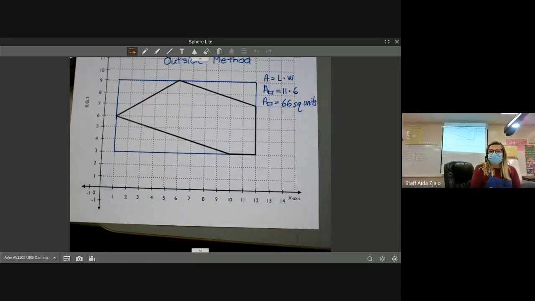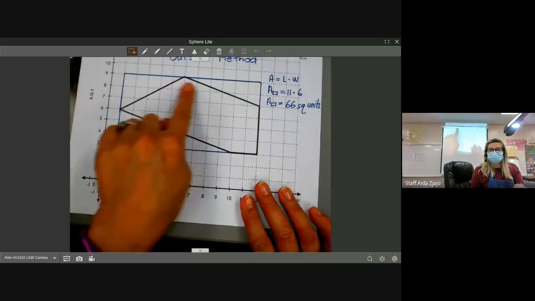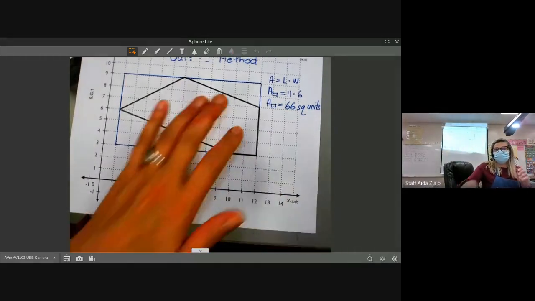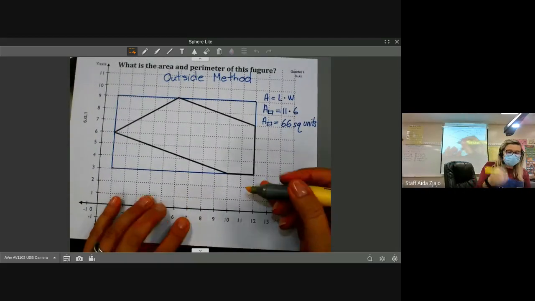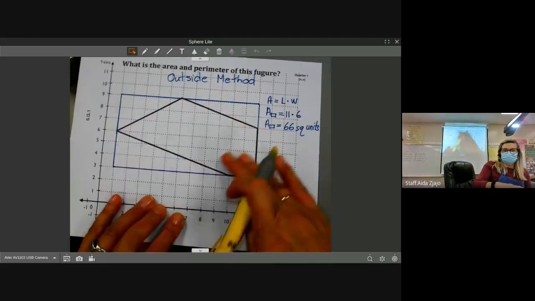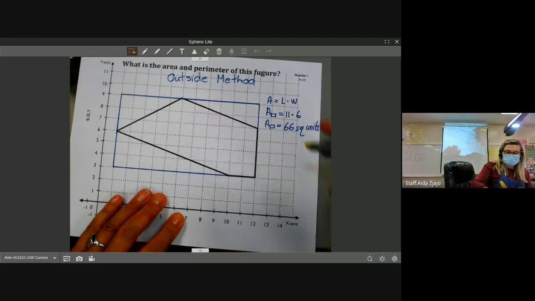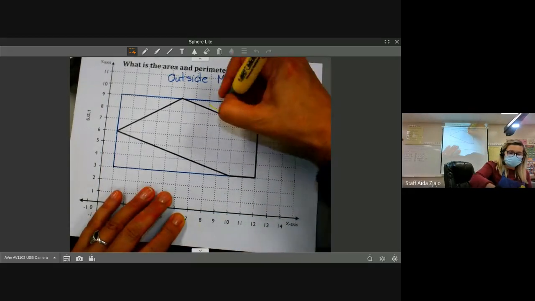But unfortunately, we don't have a whole rectangle. We have just this pentagon, and we need to figure it out. So what the outside method does is, if I know the total area of this whole rectangle, what should I do with this part that I'm now highlighting?